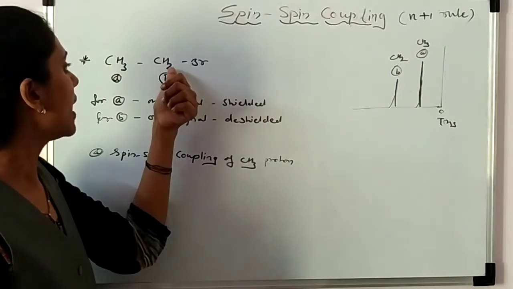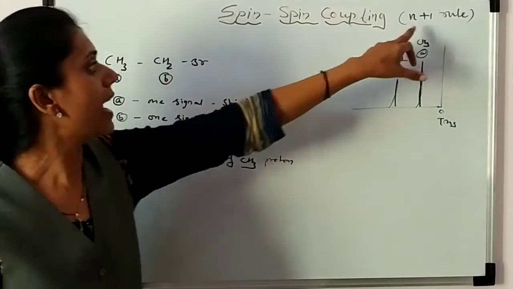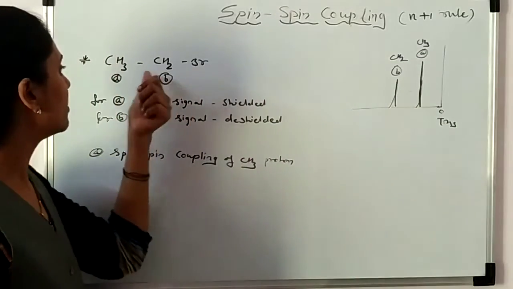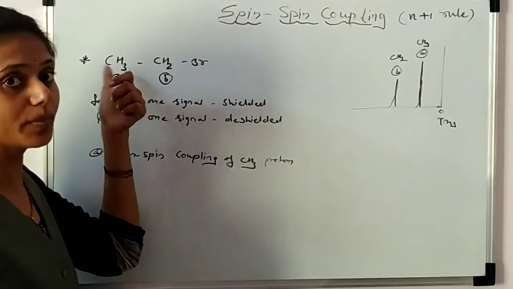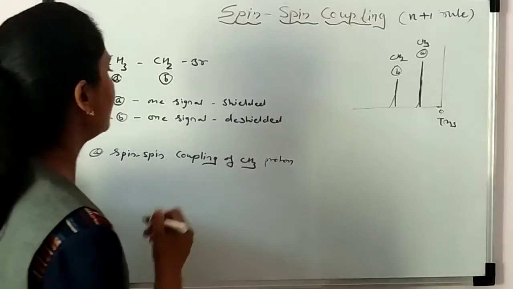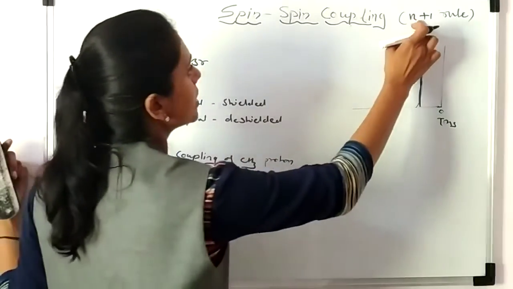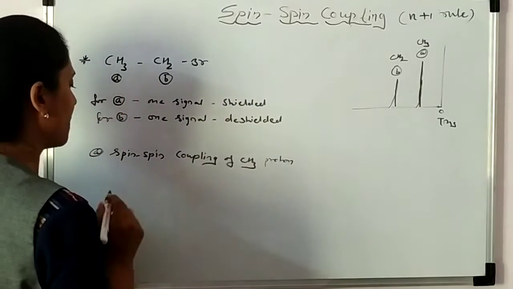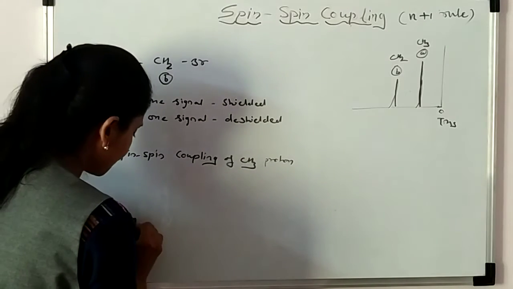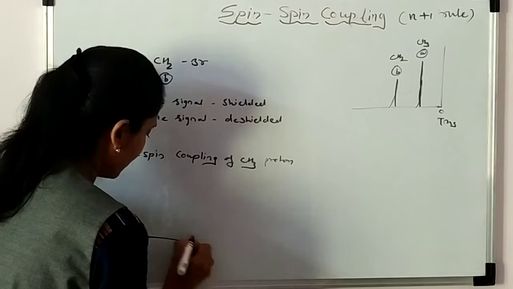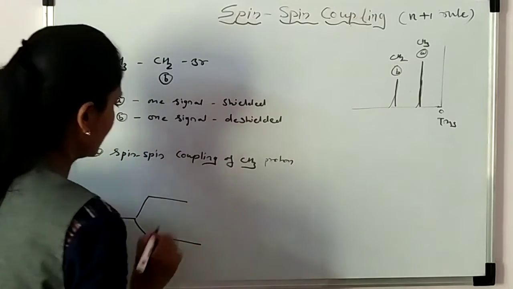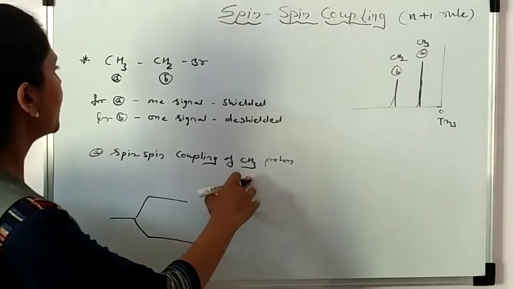When we add 1, there is 3. That means the splitting of this CH3 group is 3. When we apply the rule, there is 3, so spin-spin splitting is 3. We know that. But we study the energy level diagram here for CH3.